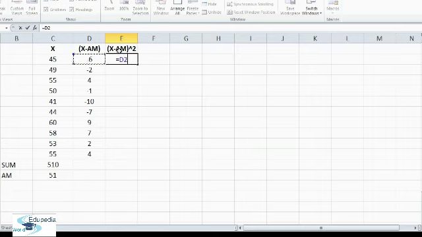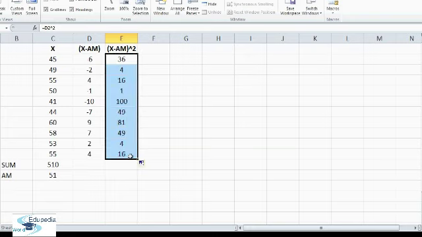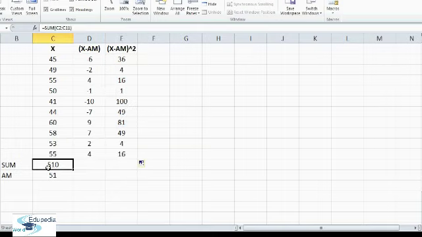Okay, and this will simply be the value of the previous cell raised to power 2. Same for the whole column. So here we have the square of the deviations, and then we need to find the average of this.